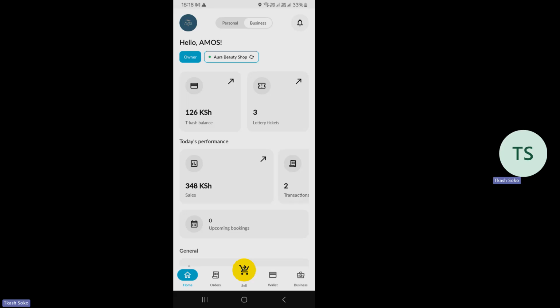Then you can see today's performance has been immense. I've sold 348 shillings worth of goods. This has been done in two transactions, and I have handled zero orders and zero customers.